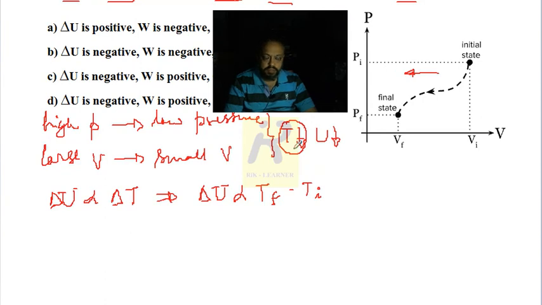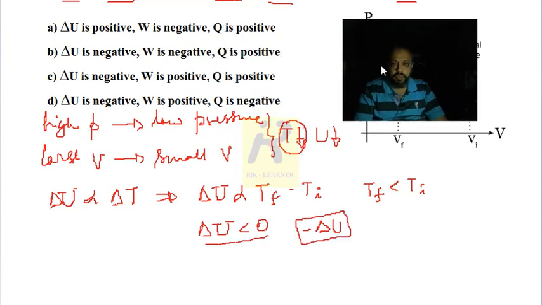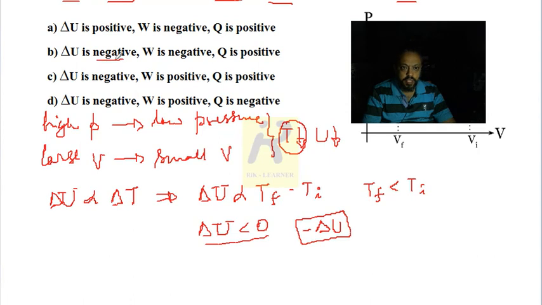So if temperature reduces, that means Tf is less than Ti, so delta U is less than 0. The change in internal energy is negative. This is correctly said in option B, option C, as well as option D. I can omit option A.